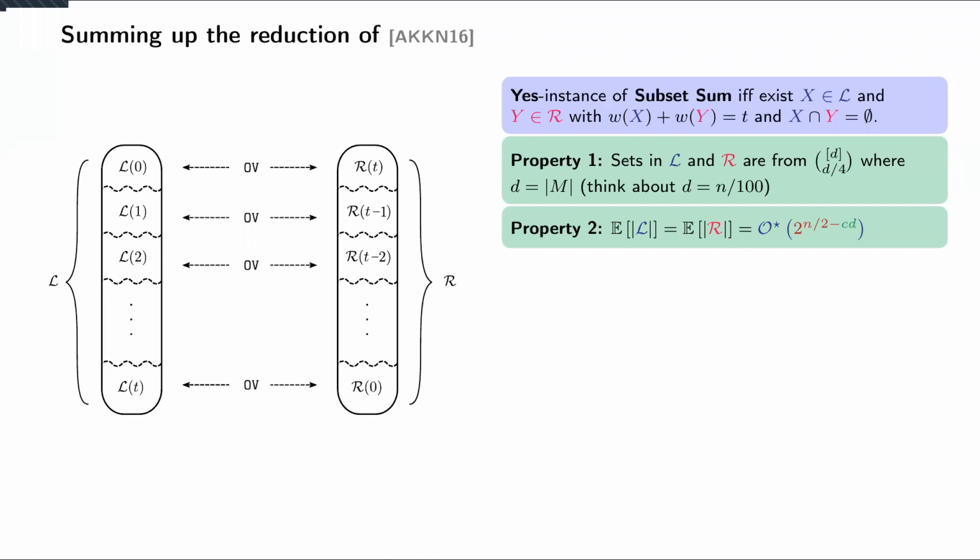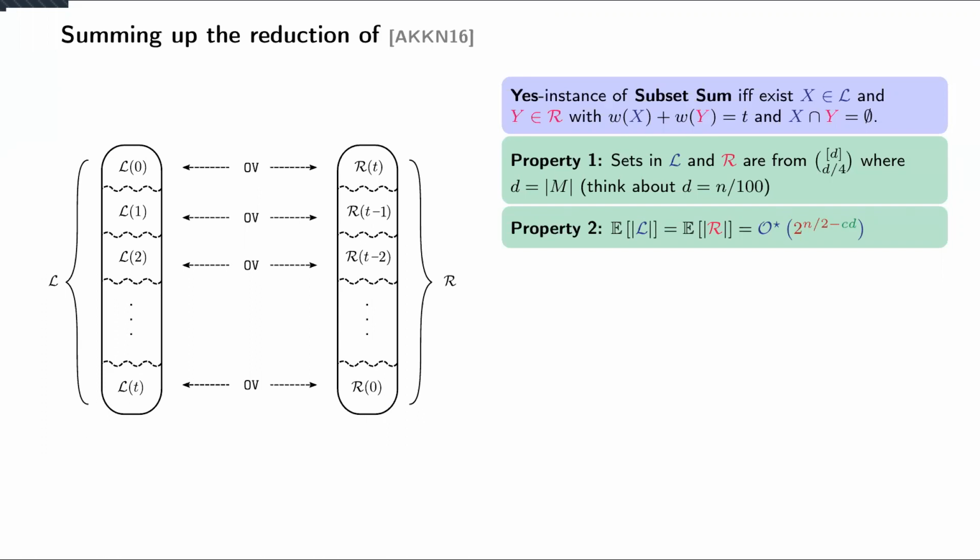So to decide whether the subset sum is yes or no using orthogonal vectors, we sort this calligraphic L into groups of vectors of size exactly I, and the same for this calligraphic R, and run the orthogonal vectors subroutine on every group. And if at least one of the calls to orthogonal vectors answers yes, then we can answer yes to the subset sum.